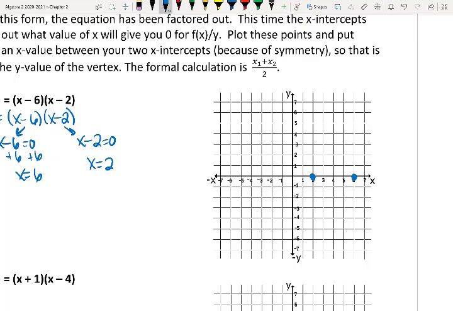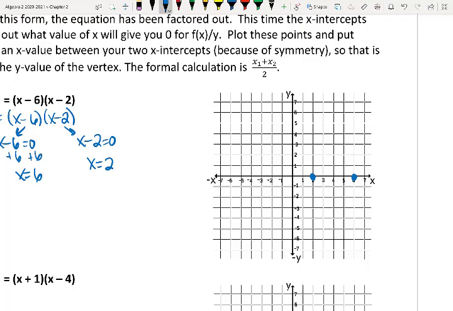Now, that's great, but we still need to know what the vertex is. We don't know where my AOS is, but we could figure that out. We know that if my graph is symmetrical, my AOS has to be halfway between any 2 points that have the same x value. If these 2 points are both when y is 0, my AOS has to be exactly halfway between those two.